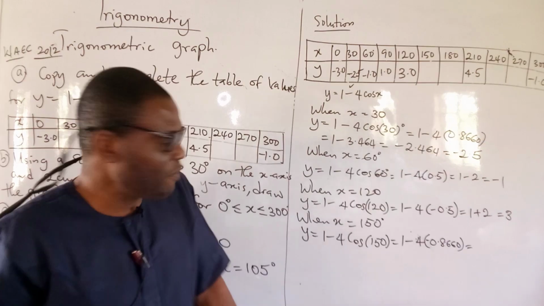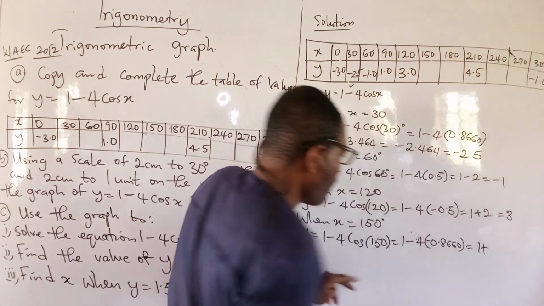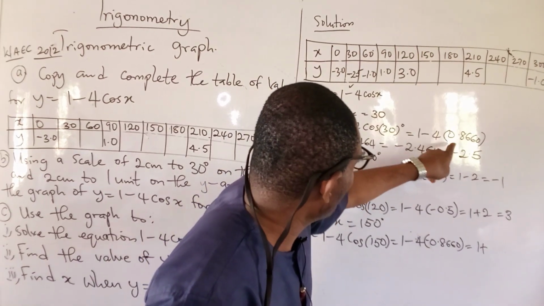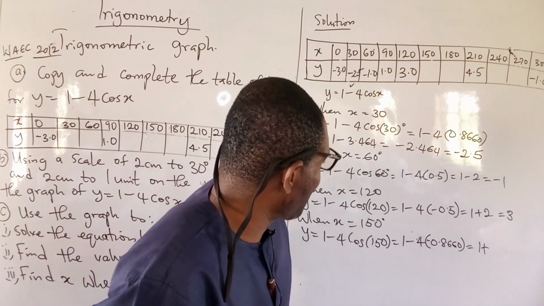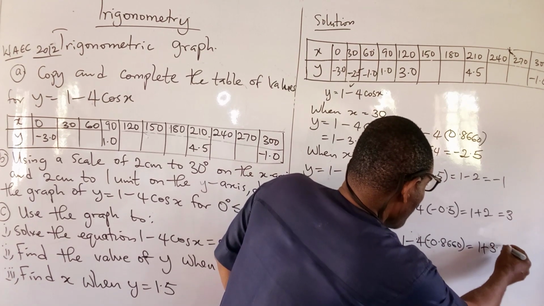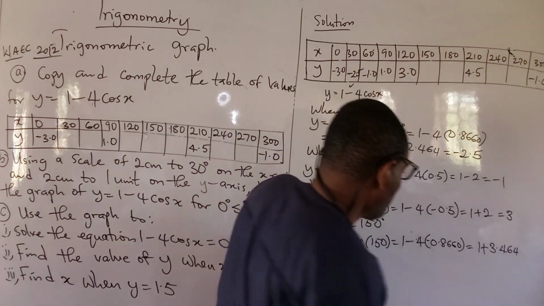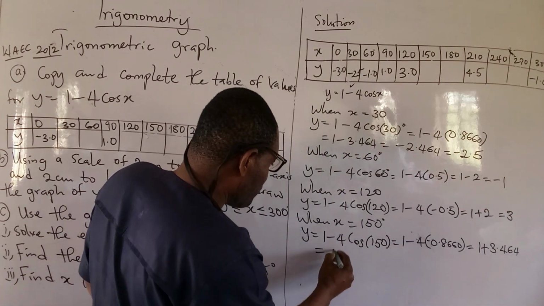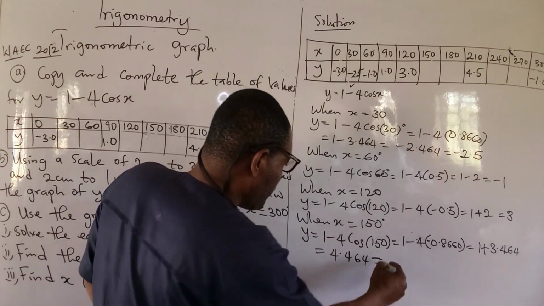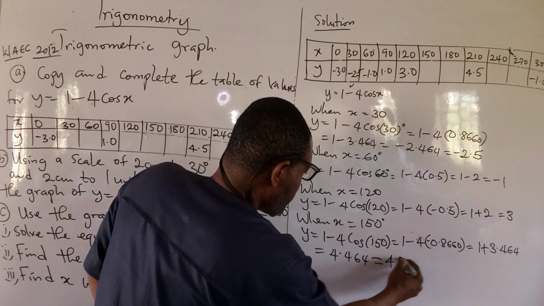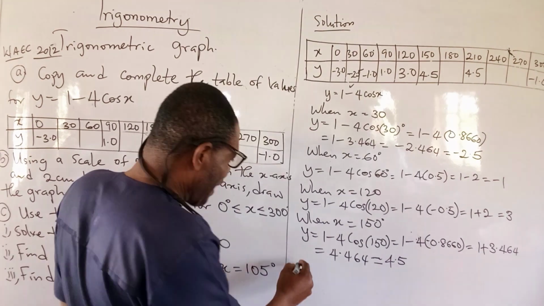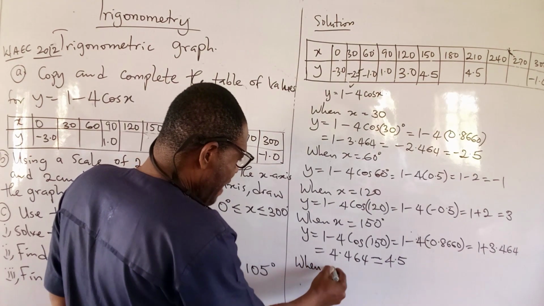We have 1 plus 4 times 0.866, which is 3.464. Adding that, we have 4.464, and approximately in one decimal place we have 4.5.